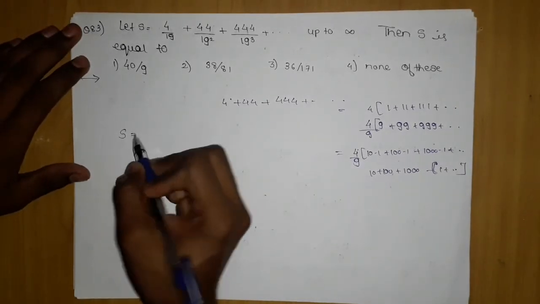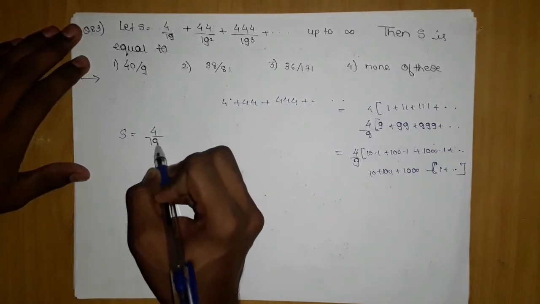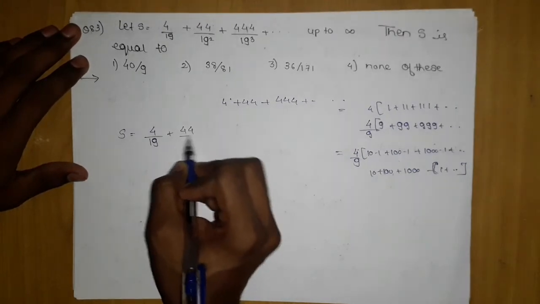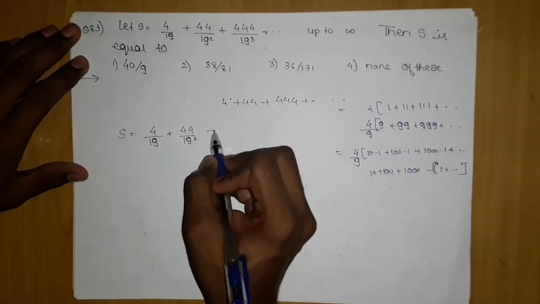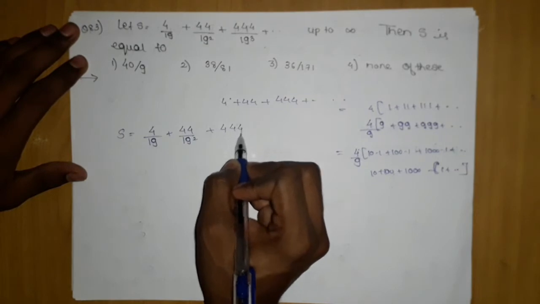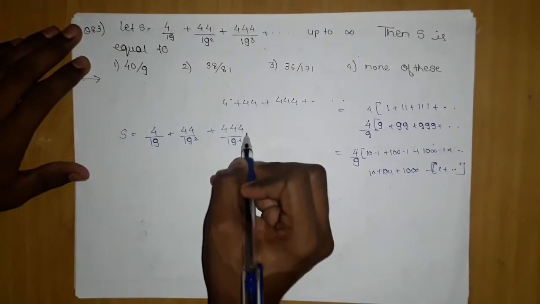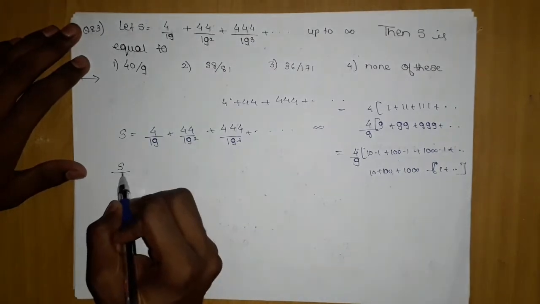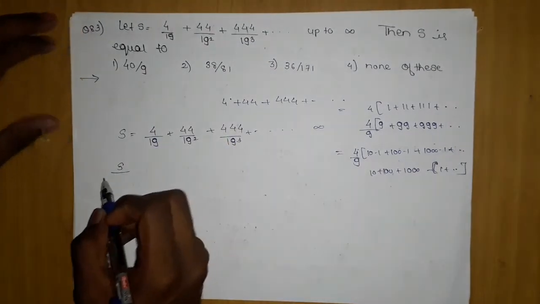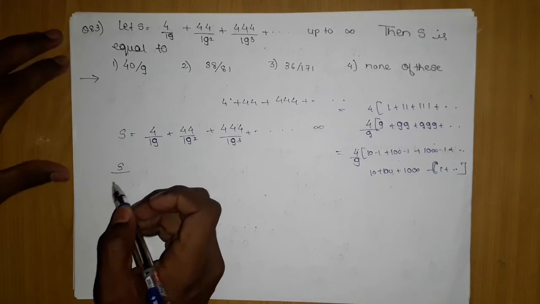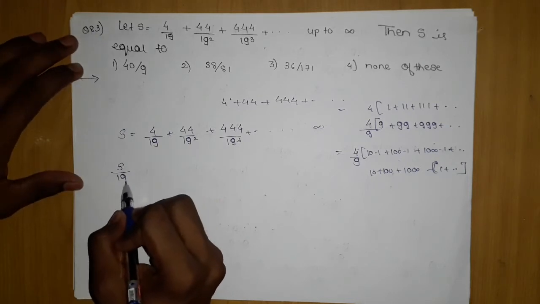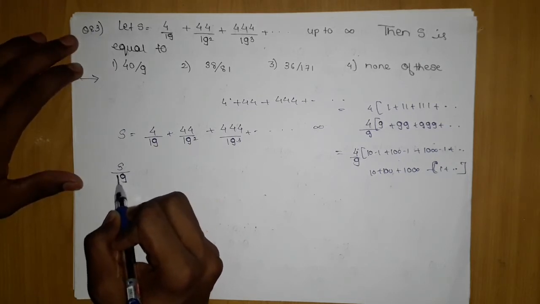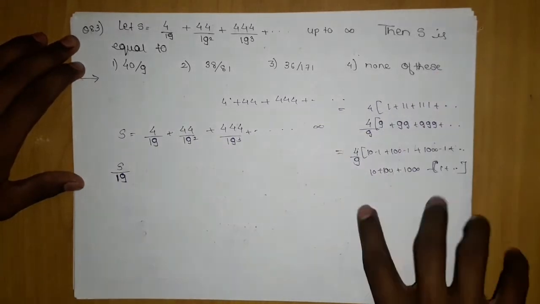This is our S: 4 upon 19, 44 upon 19 square, 444 upon 19 cube, and so on till infinity. We are going to divide it by 19, since this will form a GP if I do this.